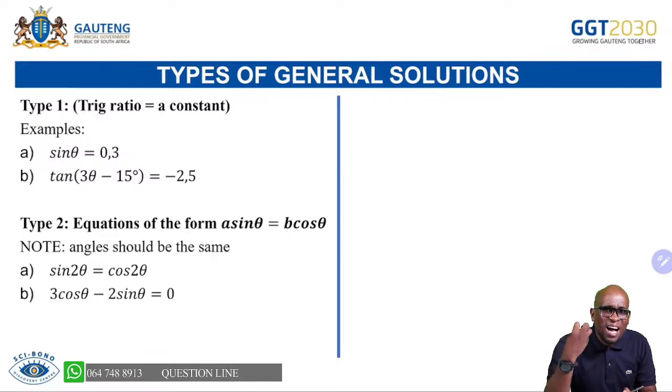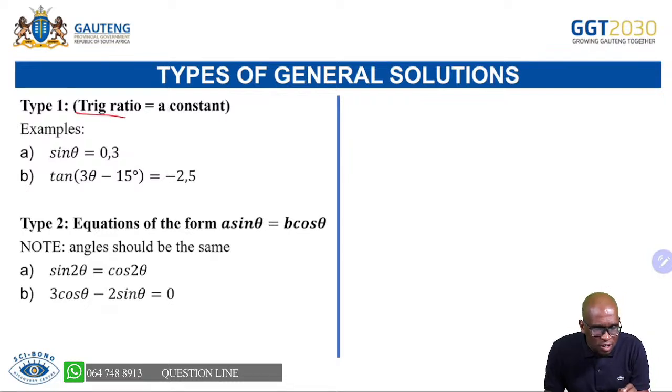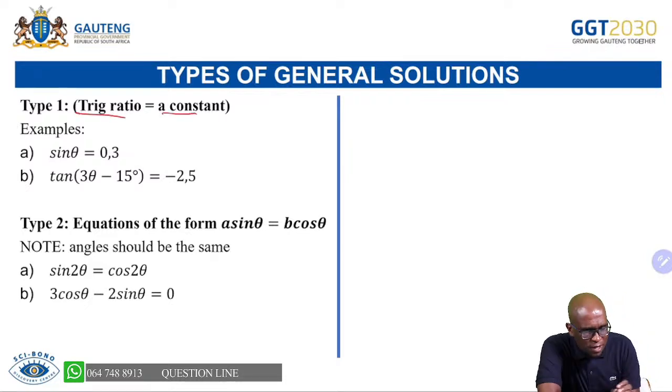Right, the types of general solutions. Let's quickly discuss the types with which the general solutions may exist. The first one: the trig ratio is equal to a constant. If that is the case, then it's simple. You are going to get your reference angle by taking the arc sine of 0,3.